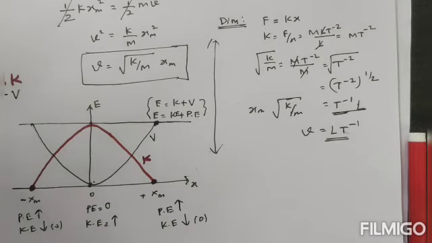Then finally we discussed energy conservation. The total energy is conserved, but what about the potential energy and kinetic energy? With this nature, side by side we compare the movement of the block along with the energy.